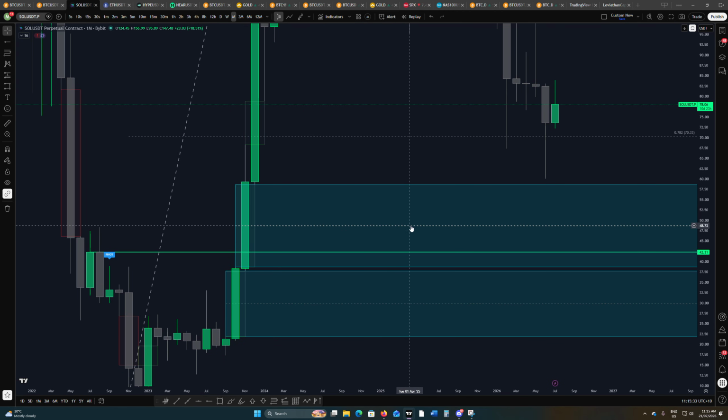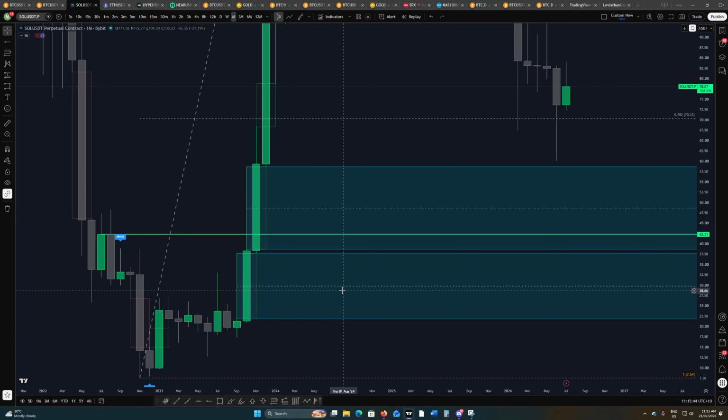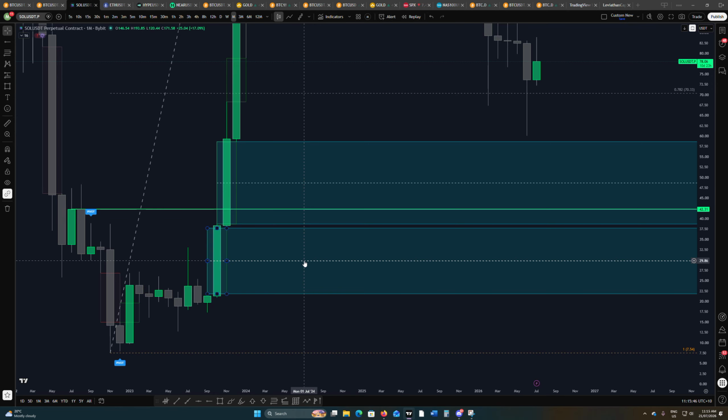So areas to consider are here at $48. $42 would be an interesting area to look at as well. Otherwise, we would probably go down to about $30, so $29.80, $29.90.